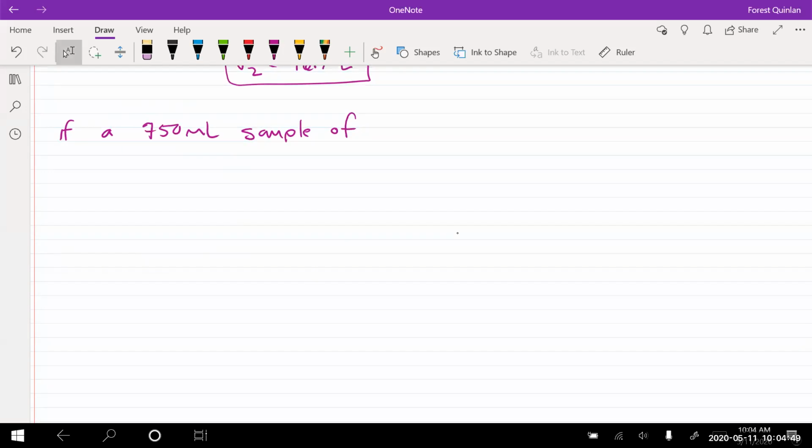All right. A 750 milliliter sample of nitrogen gas at 25 degrees Celsius shrinks to, oh, I don't know, let's go 350 mils.